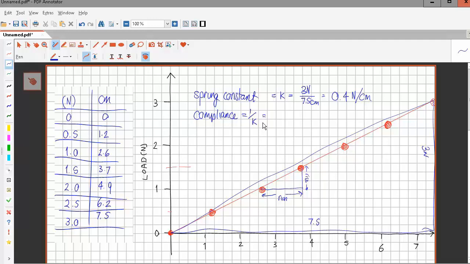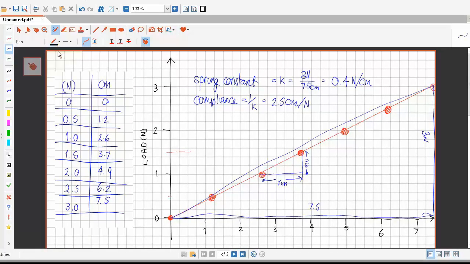Just looking it up on my calculator, that quantity is going to equal 2.5, and the units will be reversed from the units for the spring constant, so it's going to be centimeters per newton. And that's how you calculate the spring constant and the compliance of the spring from the load extension data.